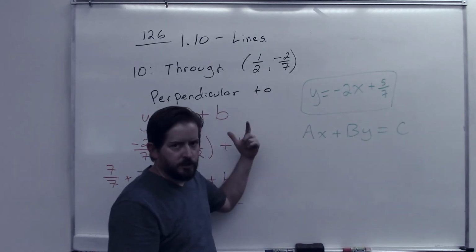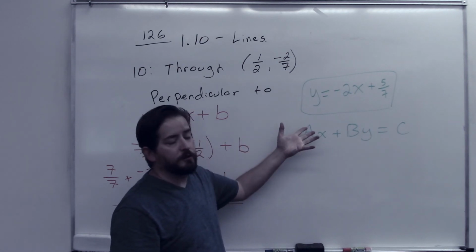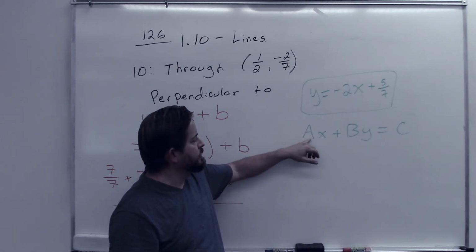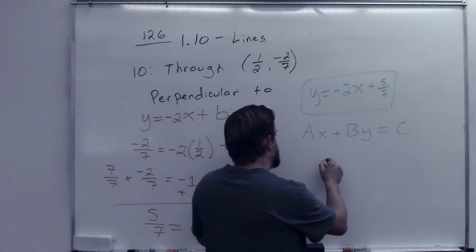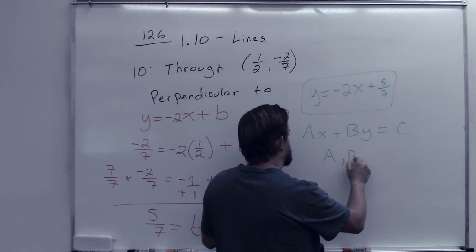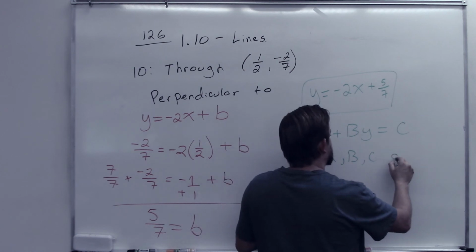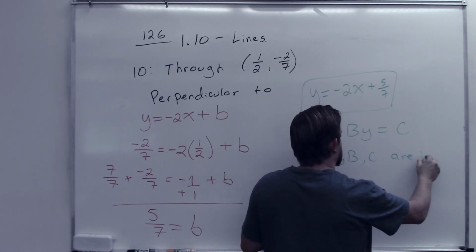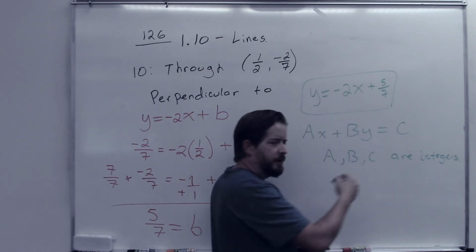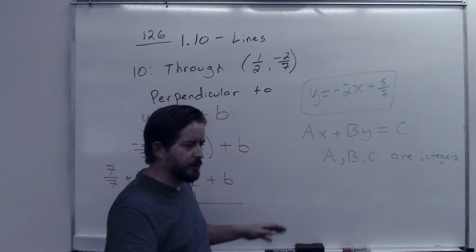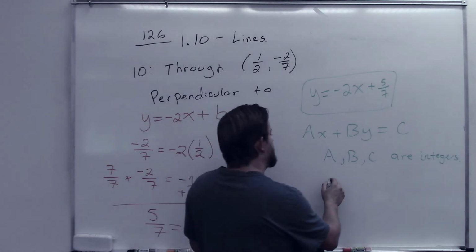So you get the x term over here, and then you get rid of all of your fractions, and then of course you would make your a positive, right? So a, b, and c are integers, positive or negative whole numbers, right? We want to get rid of fractions altogether. And then a is positive.